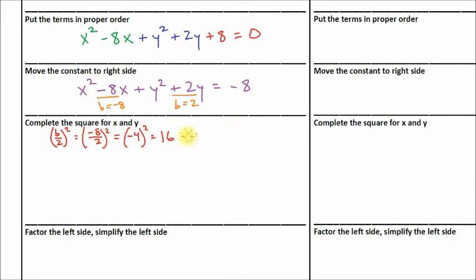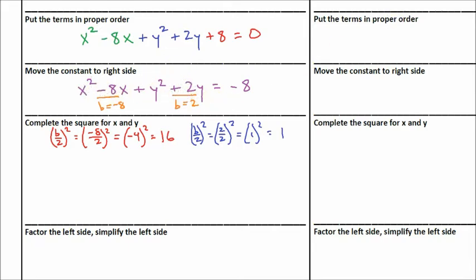There is our number for completing the square for x. Now the y value. The b value for the y terms is 2. So that's 2 over 2 squared, which is 1 squared, which is equal to 1. So now we found the number to complete the square for the x terms and the y terms.